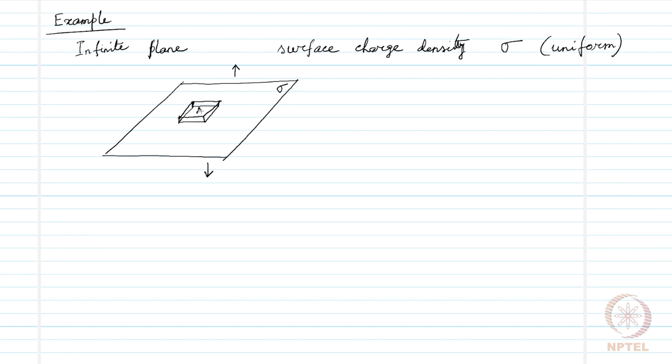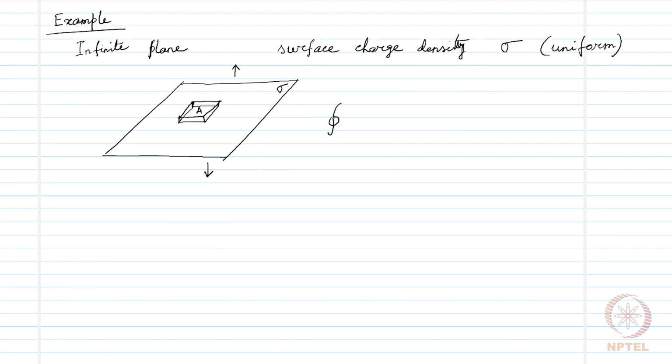And if we now consider the Gauss theorem, we have a surface here where the electric field is perpendicular to the surface, and on the other surfaces the electric field is parallel to them.